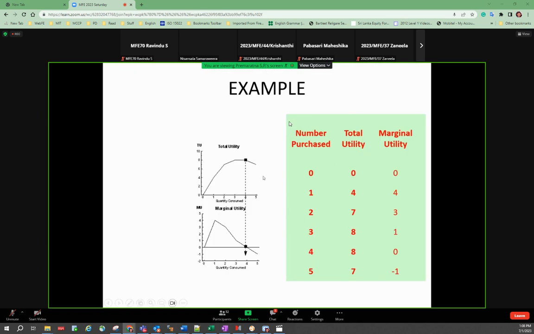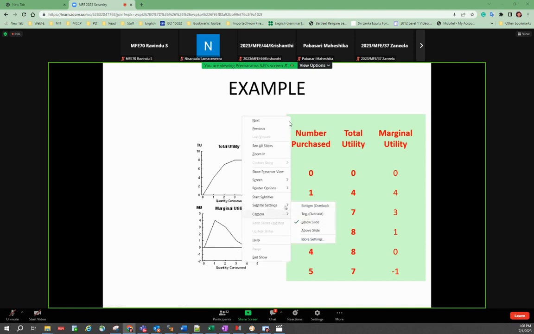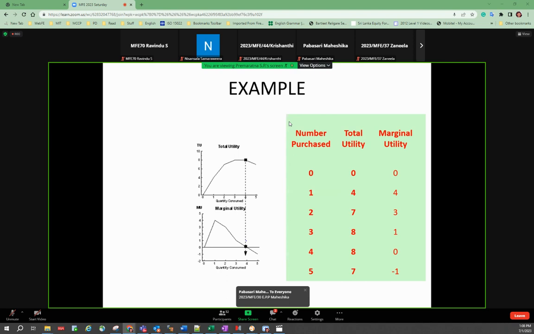Now here we got to know the shape of the total utility function, the slope of it. We know the marginal utility. And there we identify the negative and also positive side of marginal utility.